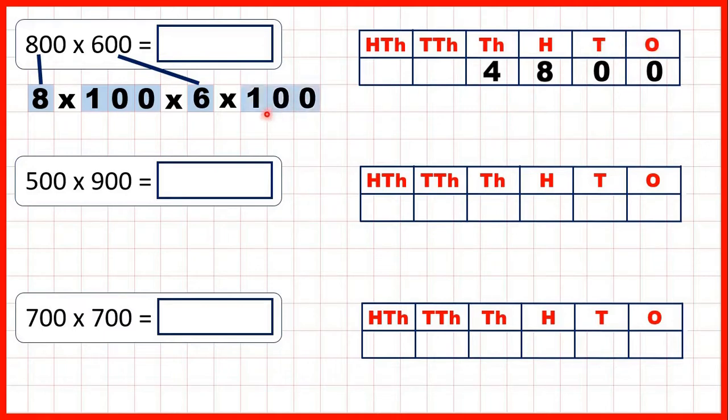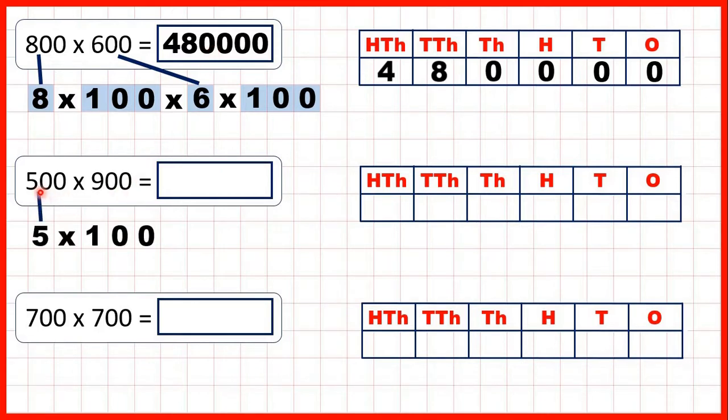But now we need to multiply by 100 again. So again, we move the digits 2 place values to the left and write 2 more zeros. So that's why our answer is 480,000, because 8 times 6 is 48, but then because we multiplied by 100 twice, we need 4 zeros on the end of 48.